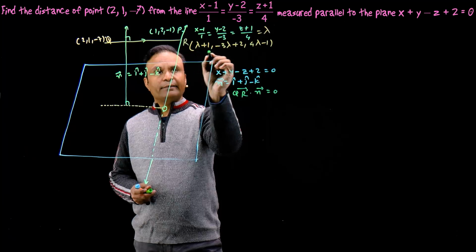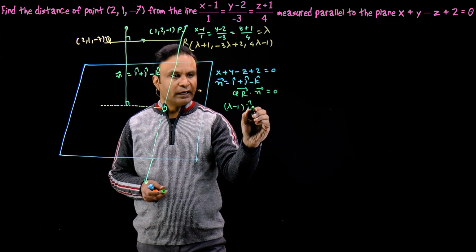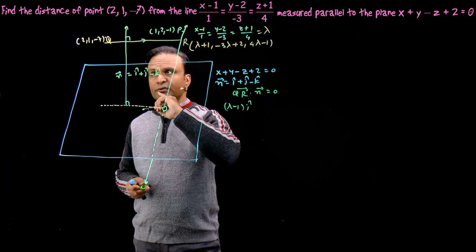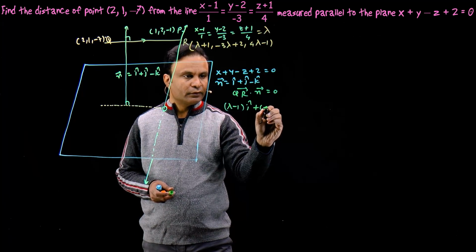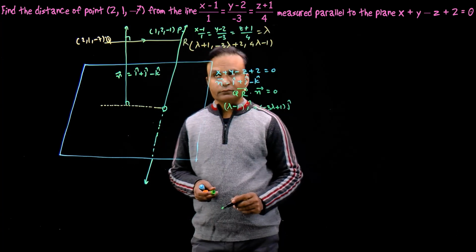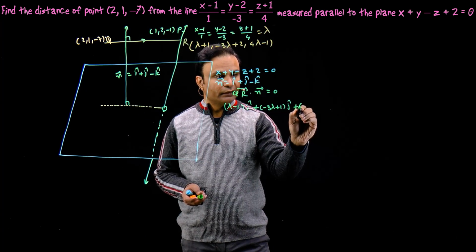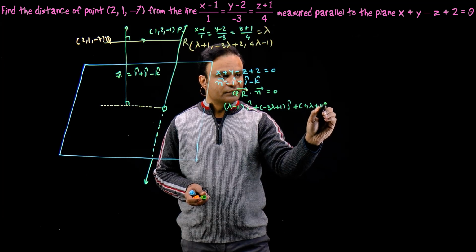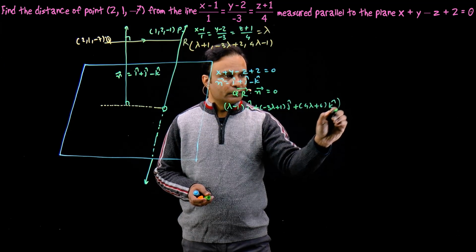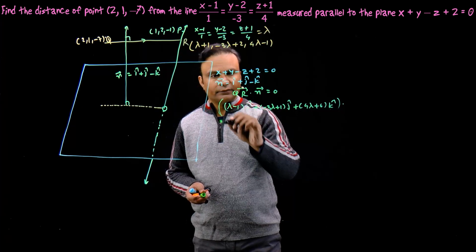Vector QR is lambda plus 1 minus 2, which is lambda minus 1 i, minus 3 lambda plus 2 minus 1. So we have minus 3 lambda plus 1 j, 4 lambda minus 1 minus minus 7. So we have 4 lambda plus 6 k. This is vector QR dot n.